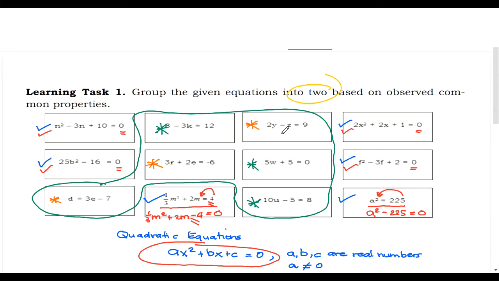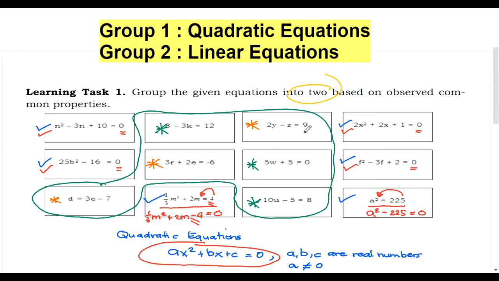You have 2Y minus Z equals 9. They are all linear equations in 2 variables. Kasi dalawang letters naman ang nakikita nyo sa kanila. But all in all, you have 2 major groups here. Yung first group, quadratic equations. The second group is the group of linear equations.